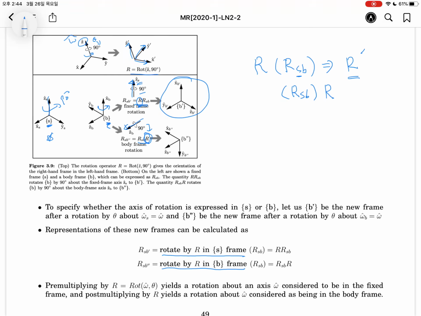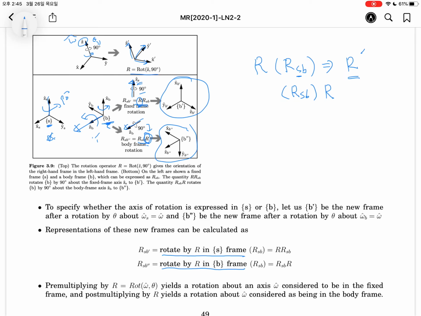Okay, let's apply it to this one. In that case, the body frame is chosen. Okay, the z-axis and then the 90 degrees will be applied to here, so we can get another frame.